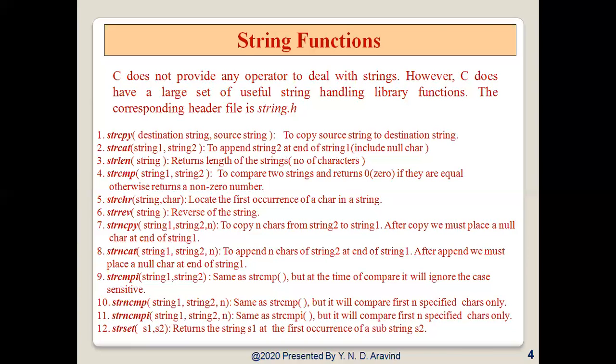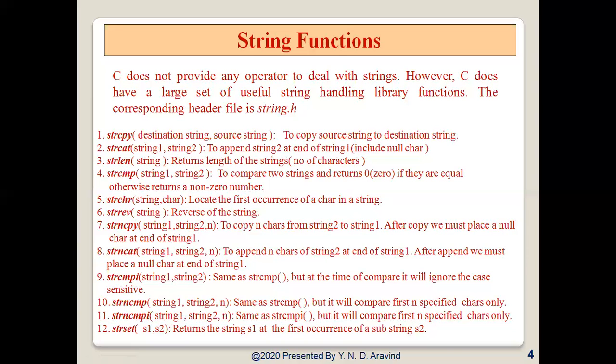And the fifth function is strchr, string comma char. Whatever character is given in the second argument, it will locate the first occurrence of that character in the string. It will place the pointer at that particular place, and from there we can read the string.